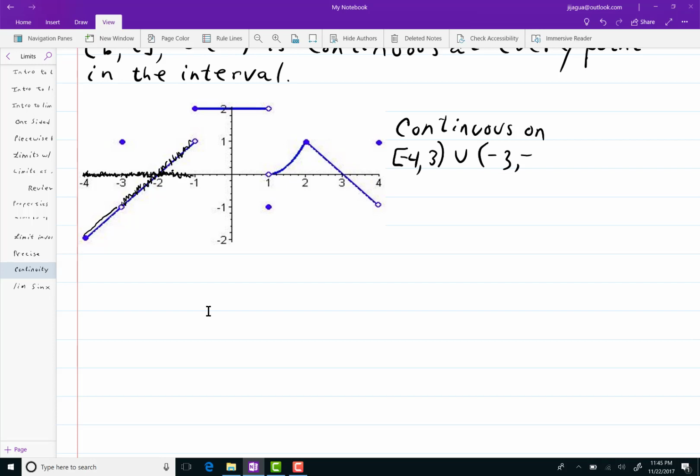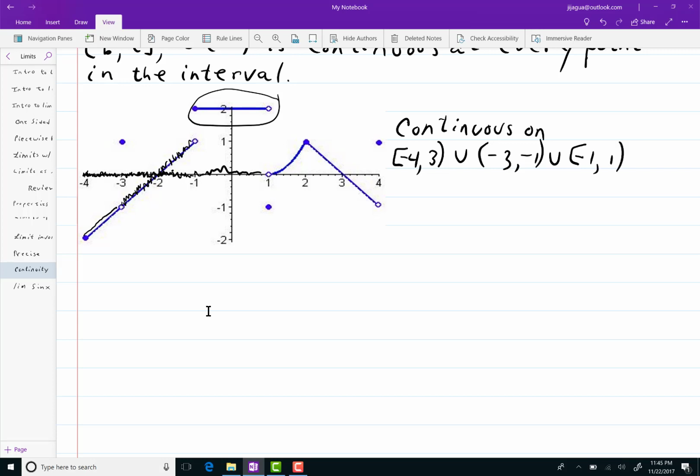For another union, now we're looking from negative 1 to 1, which is this piece of the graph up here. There you can see that at negative 1, we include that, but we don't include positive 1. So I'll put negative 1, 1, with a bracket and a parenthesis.